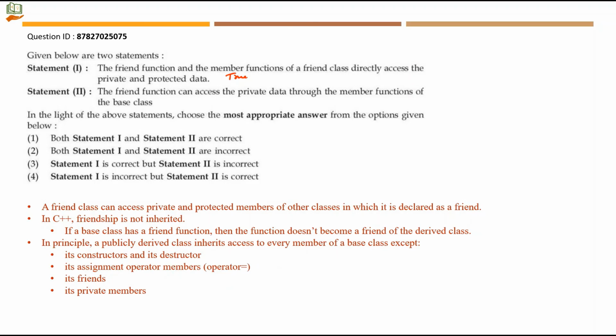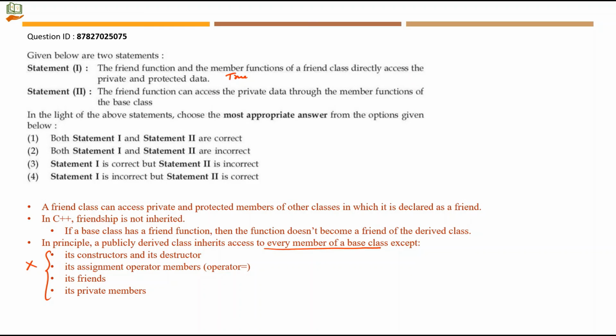In principle, a publicly derived class inherits access to every member of a base class except its constructors and destructor, its assignment operator members, its friends, its private members. It means a publicly derived class can inherit every member of a base class, and these are the four exceptions. Derived class will not inherit all those things.